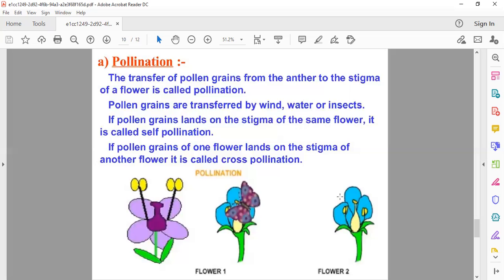Flowers attract insects towards themselves, and when the flowers attract the insects, the process of pollination may take place. So we have discussed the two types of pollination here, self pollination and cross pollination.